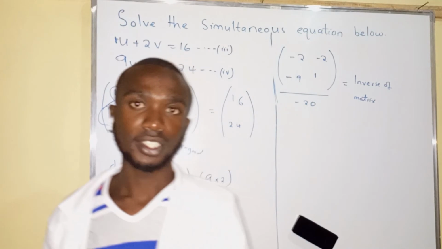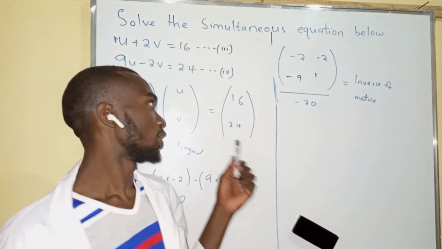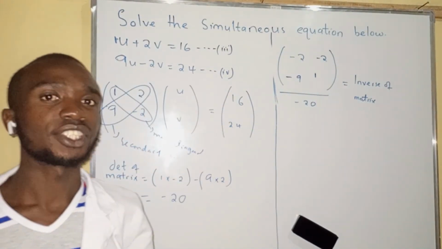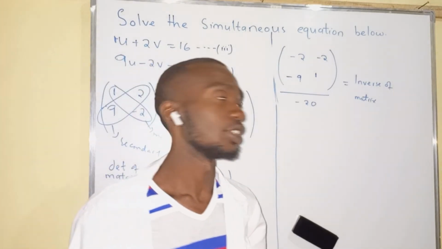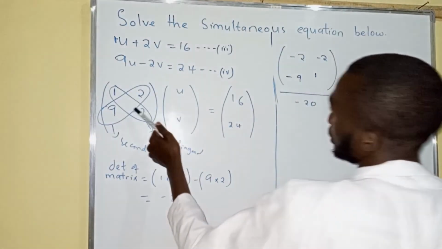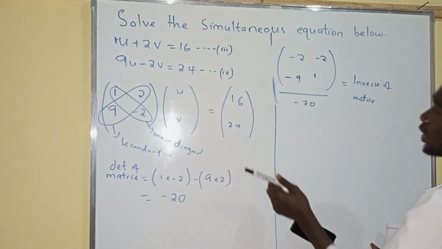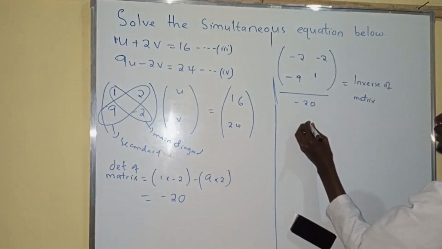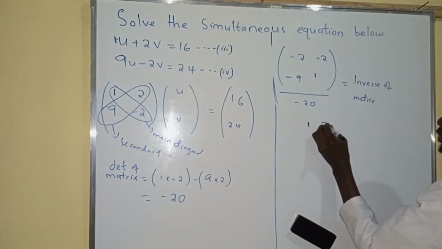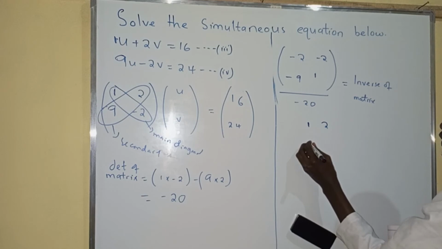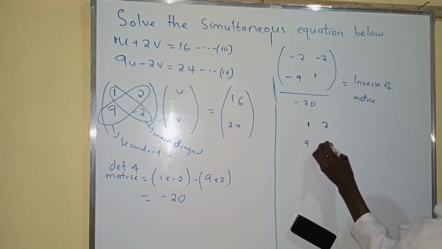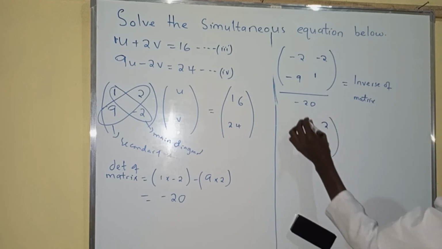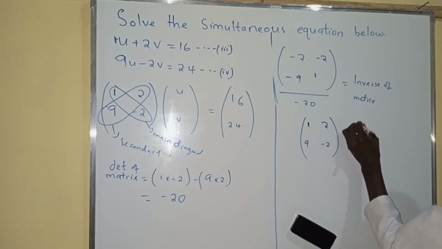Now I take the equation in matrix form and multiply each side by the inverse of the matrix. Now the equation was 1, 2, 9, negative 2 times uv.